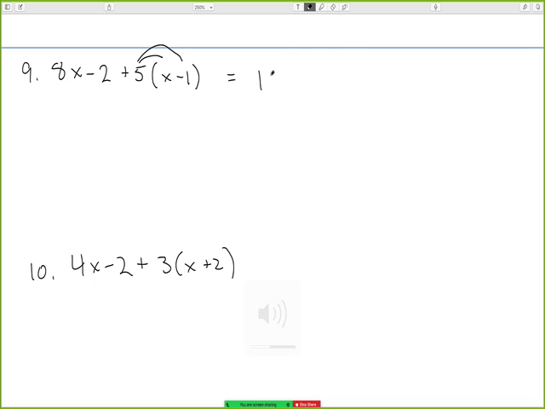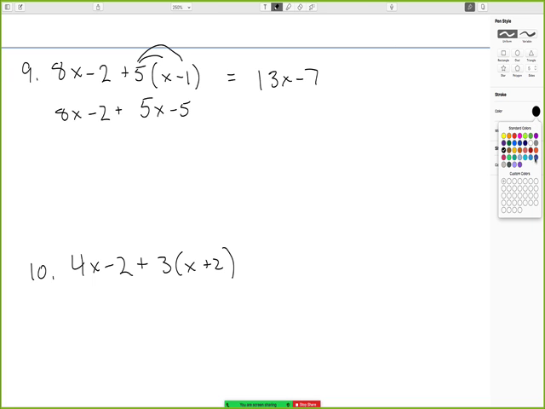Perfect. And what'd you do first for this one? I distributed, so it's 5x minus 5. Good. 5 times x, 5 times negative 1. We're going to bring down all of this stuff. And now we're at a problem where we just combine some like terms. So Tucker, what'd you combine first? The 8 and the 5. Yep, those are both x's, so that can become 13x.